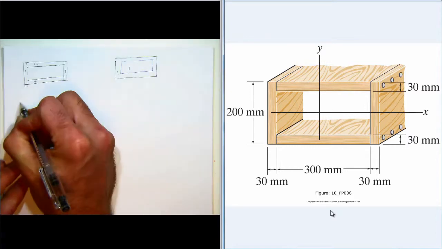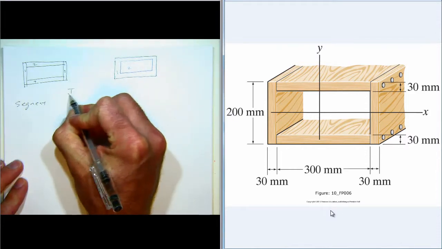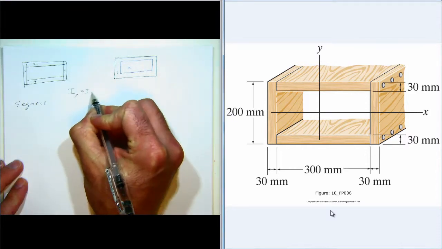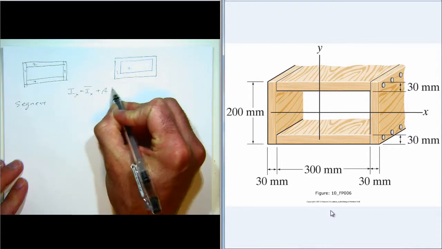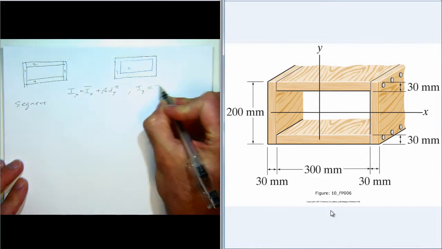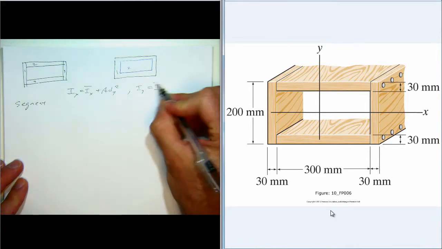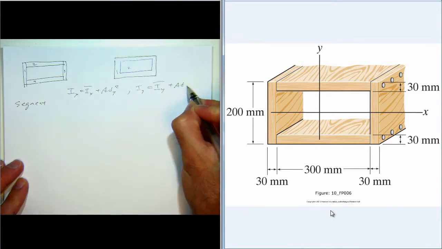So we'll make a table. First of all, our equations that we're going to be working with: Ix is Ix bar plus A dy squared, and then Iy is Iy bar plus A dx squared.